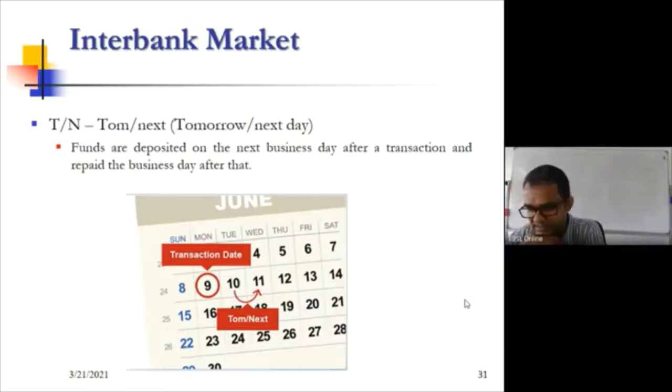Or the interest rate may remain the same, but your deficit is huge. You don't want to go to the market all at once. You will try to collect funds gradually. So that also can happen here.